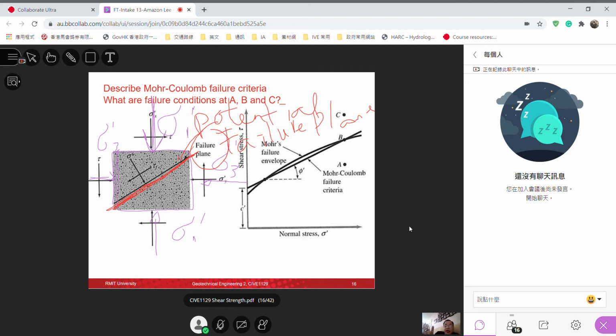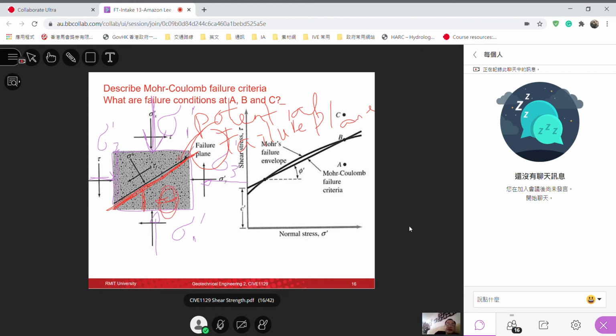If we have a major principal stress acting in the vertical direction and a minor principal effective stress acting in the horizontal direction on the soil element, the potential failure plane will develop in an inclined direction, making an angle psi. Later we will define this angle.